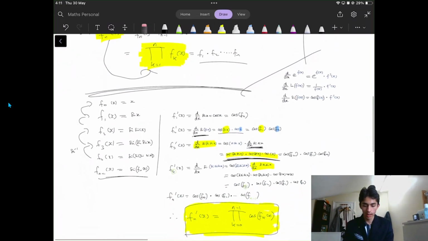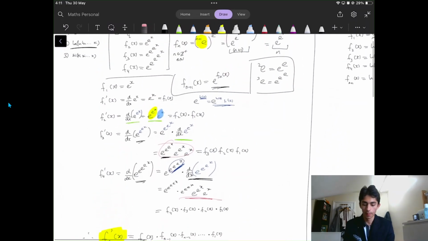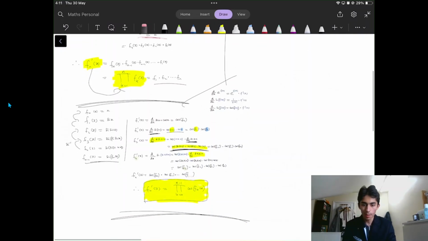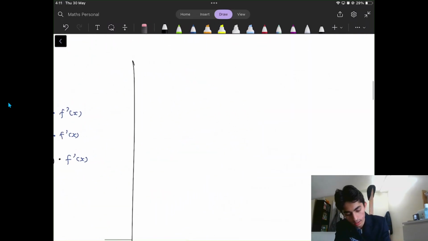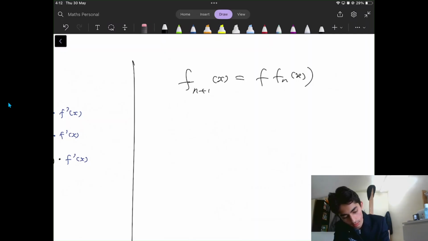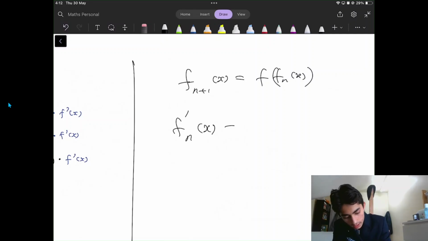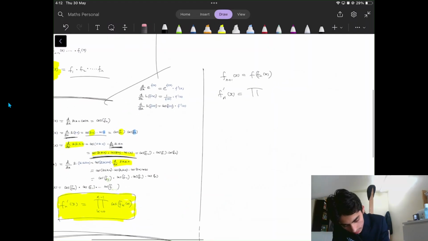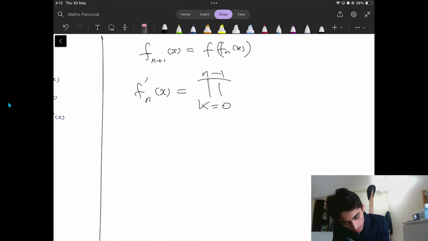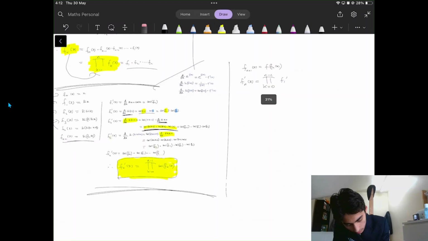With the exponentiation one, okay, this pattern doesn't really hold for it, but what I'm proposing to you is that if you define fn plus 1 of x to just be f of fn of x, for any f, where f could be cosine, sine, ln, anything, I'm proposing that the derivative of fn of x is equal to the product, as k goes from 0 to n minus 1, of f1 prime of fk of x.